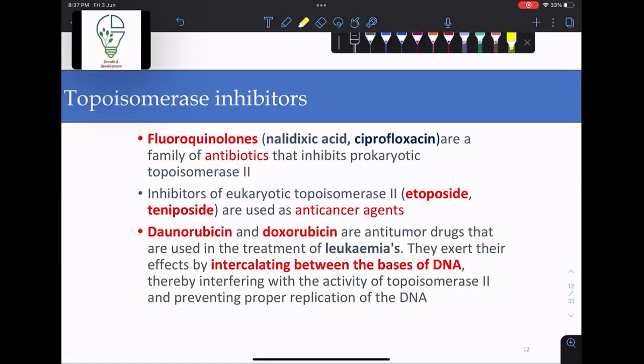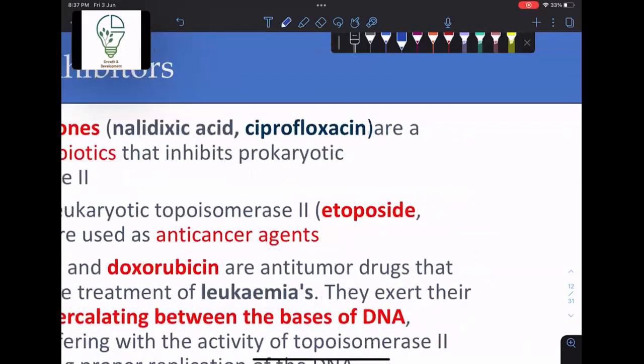The first antibiotic that we're going to talk about is the fluoroquinolone. You don't need to remember the name right now; you're going to remember it anyway in second or third year. Two examples are ciprofloxacin and nalidixic acid. Fluoroquinolones are a big family of antibiotics, right?